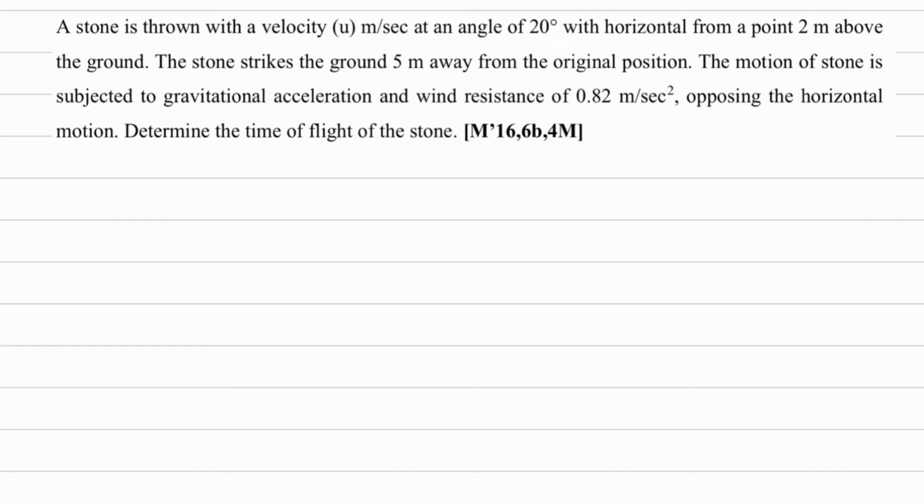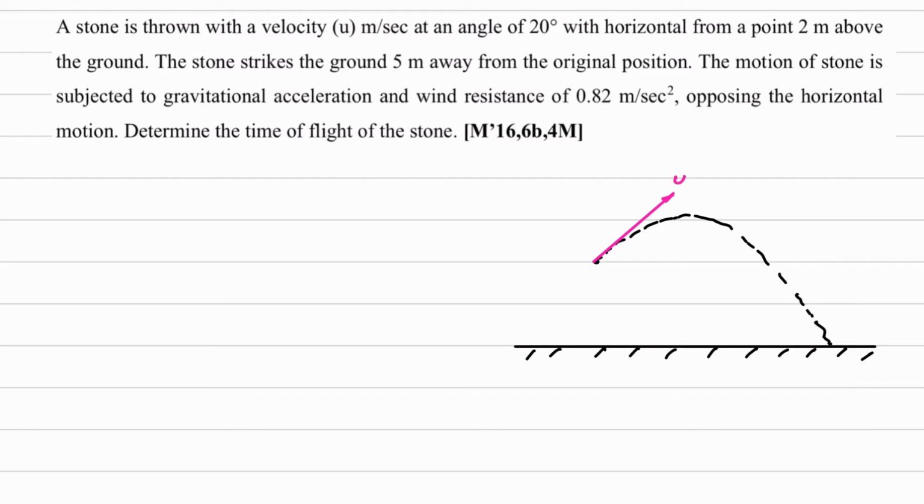So I'll draw the diagram from this data. This is the point from where the stone is thrown, and it will reach the ground over here somewhere. Now what is the velocity given here? The velocity vector is at an angle of 20 degree.